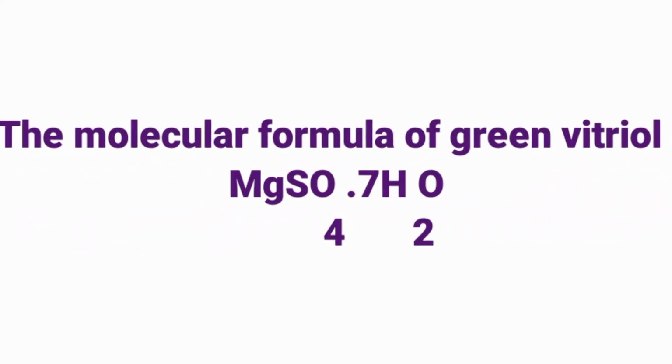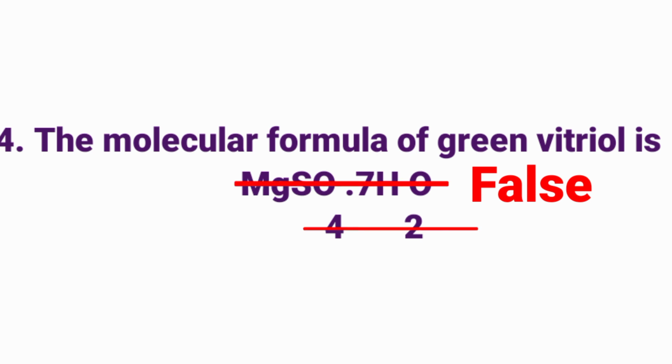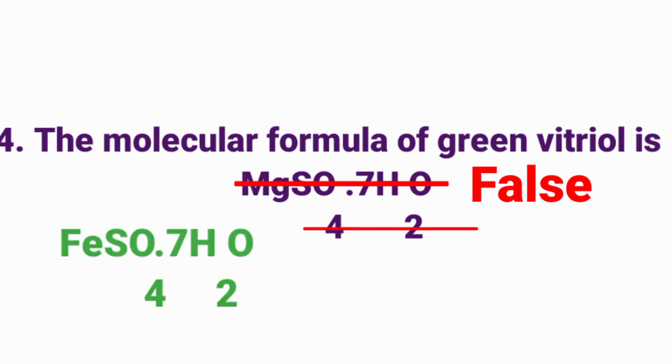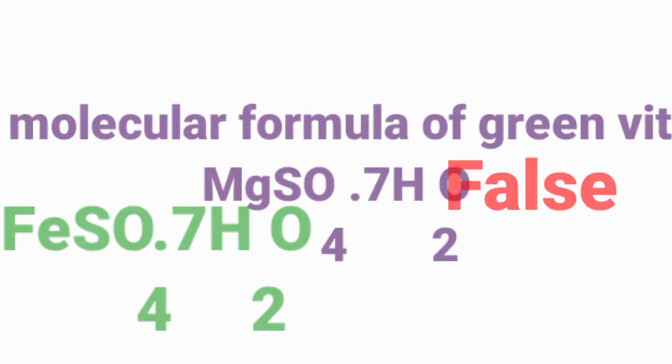The molecular formula of green vitriol is MgSO4 7H2O. Answer: false. The correct statement is the molecular formula of green vitriol is FeSO4 7H2O.